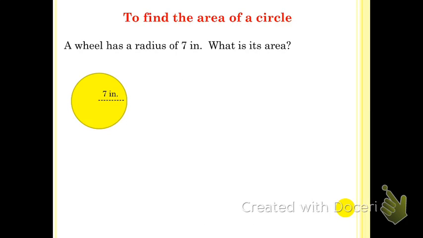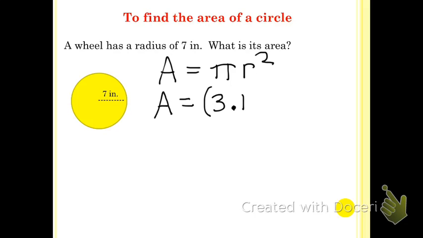A wheel has a radius of 7 inches. What is its area? We know the formula to find the area of a circle is A equals pi times r squared, where r is the radius. That means area will equal, we're going to use 3.14 for an estimate of pi, times the radius 7 squared.